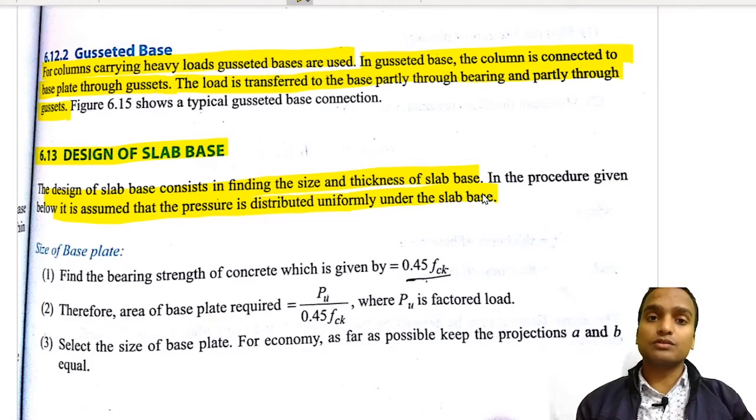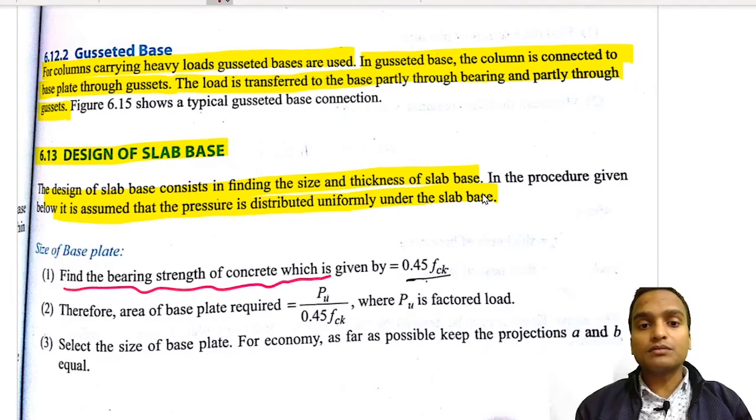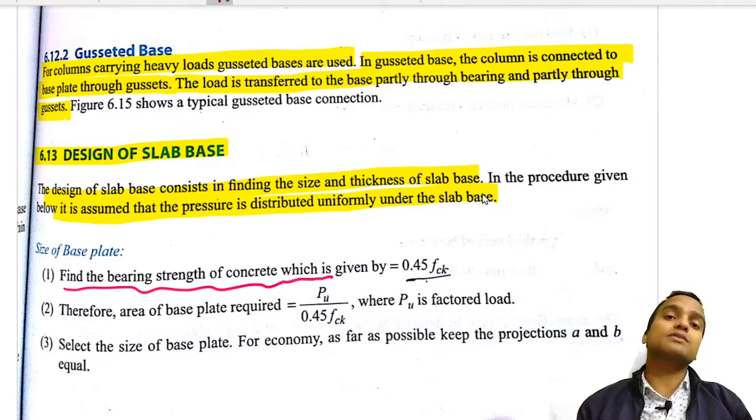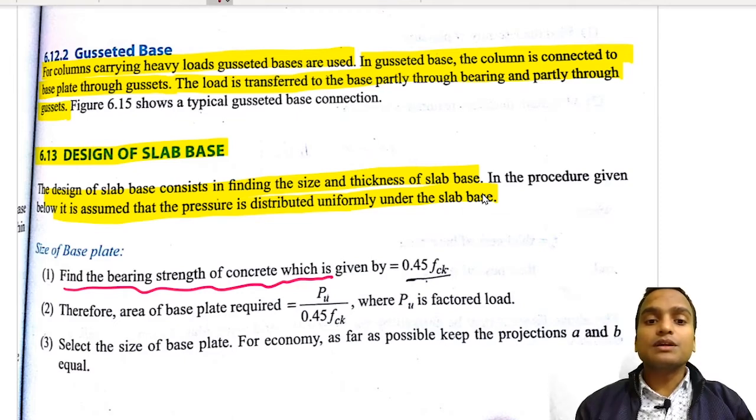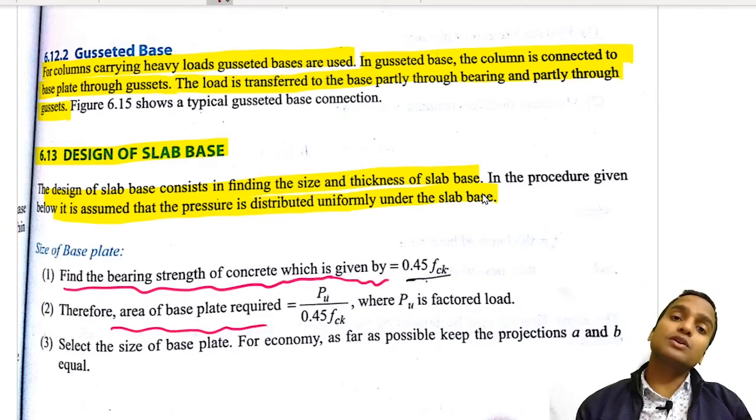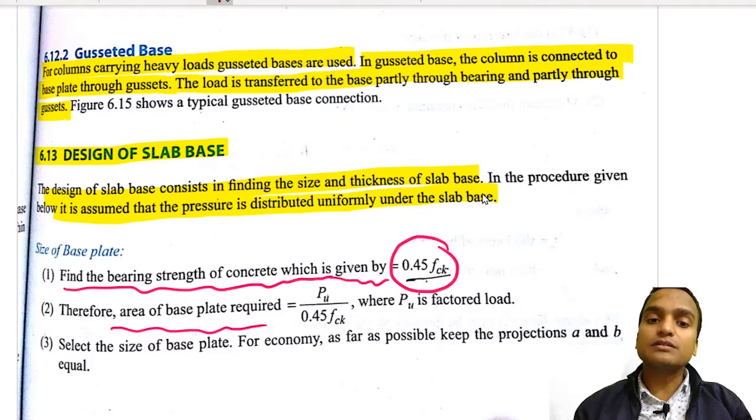So the entire load which is coming through the compression member is being distributed by the slab base over the RCC foundation, and we know the bearing strength of concrete, bearing strength means what? Compressive strength basically. Okay, compressive strength of concrete is given by 0.45 fck. Okay, so the area of base plate required will be equal to factored load upon this capacity.